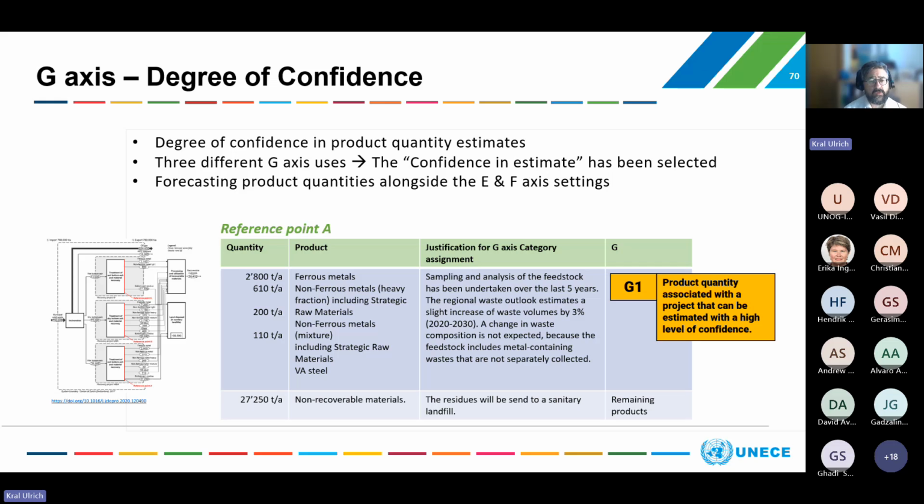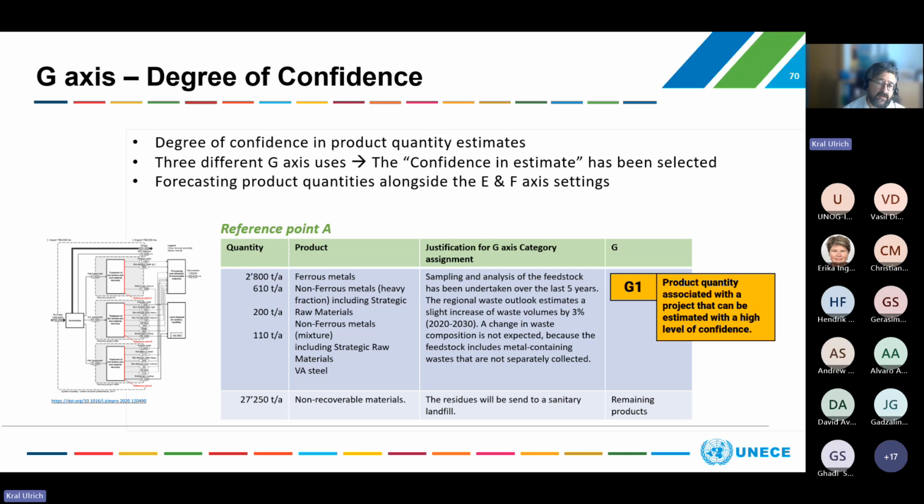I expect to produce 2,800 tons ferrous metals, for instance, or 600 tons non-ferrous metals, heavy fractions, including strategic raw materials. And of course, then you have to define the concentration of strategic raw materials in the non-ferrous metals, for instance, for the strategic project purpose.